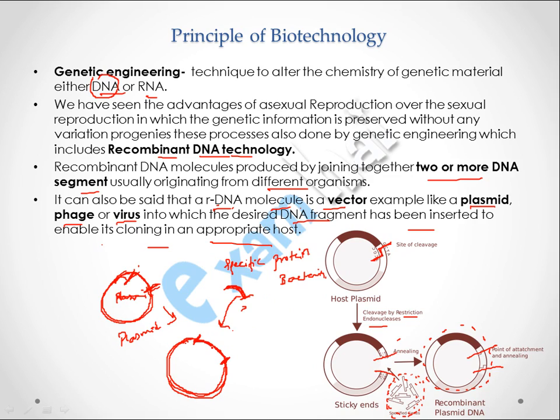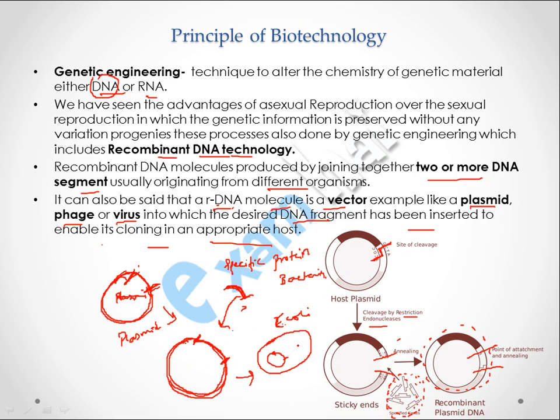Now what we'll do is insert this whole plasmid inside a host, which would be E. coli or any other. The most common is E. coli, and we will insert it inside.